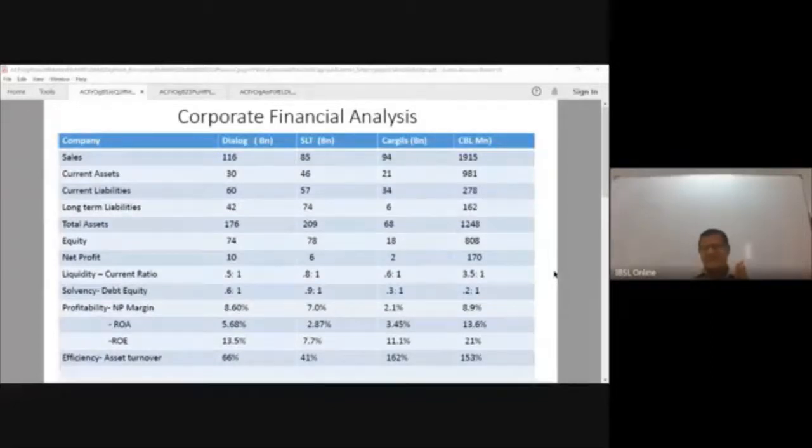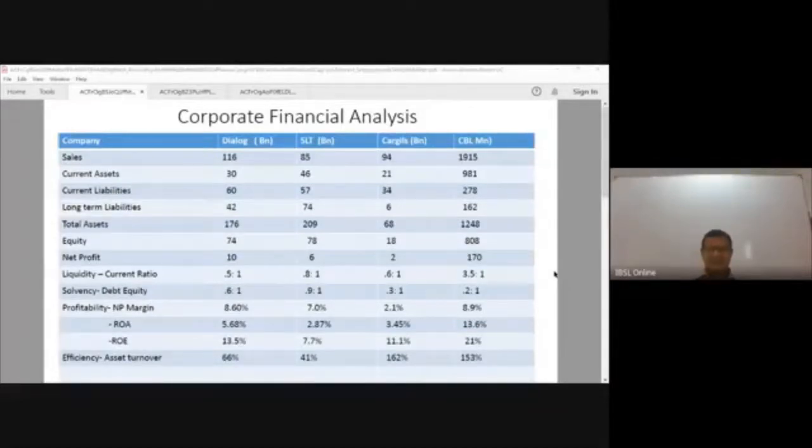You can see CBL make as much as 13.6 cents per each rupee they have deployed to make this company. So the company is also making profit. Not only are their sales margins high, total assets they have deployed to run this company are also on a positive side.